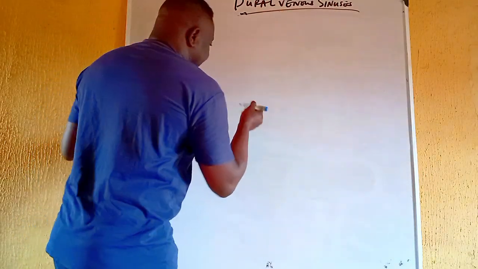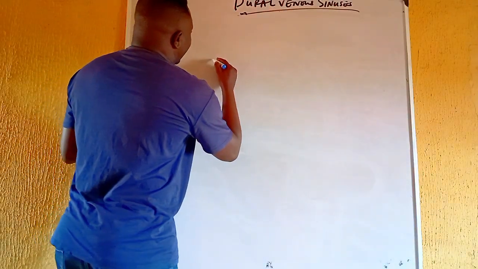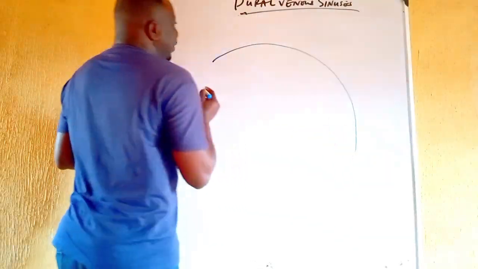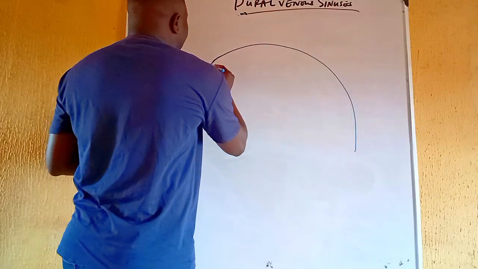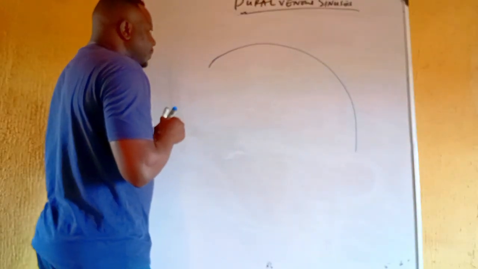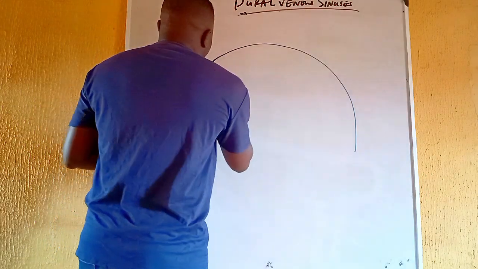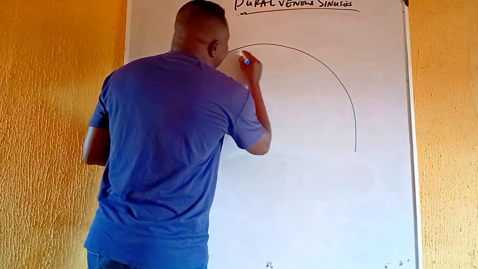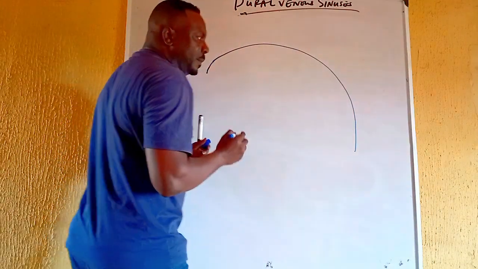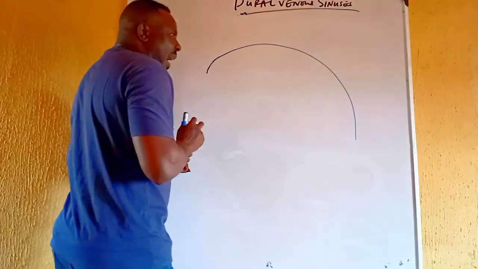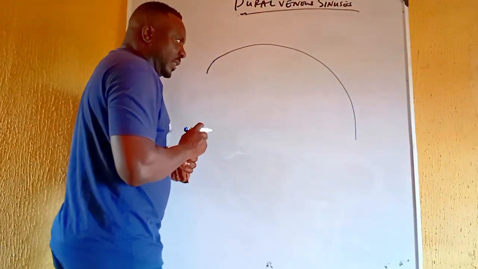The first one that I will talk about is the superior sagittal sinus. The superior sagittal sinus is the largest dural venous sinus, and it extends from the foramen cecum and goes through the superior border of the falx cerebri, and then it terminates around the internal occipital protuberance.